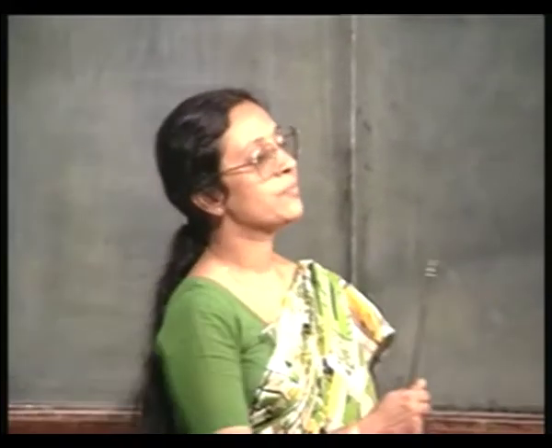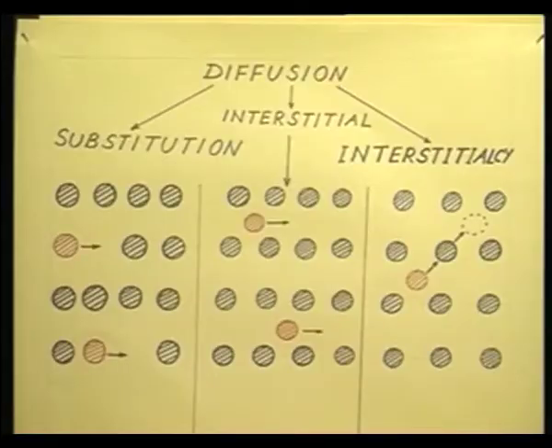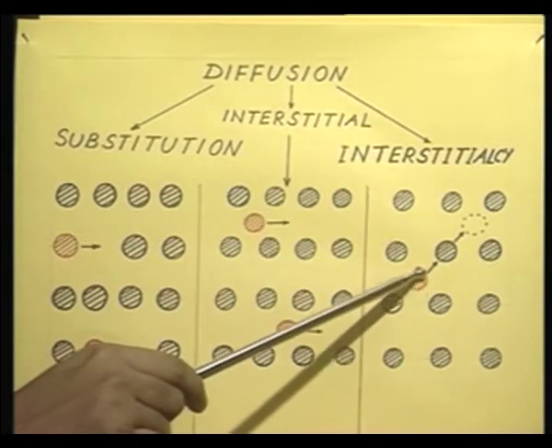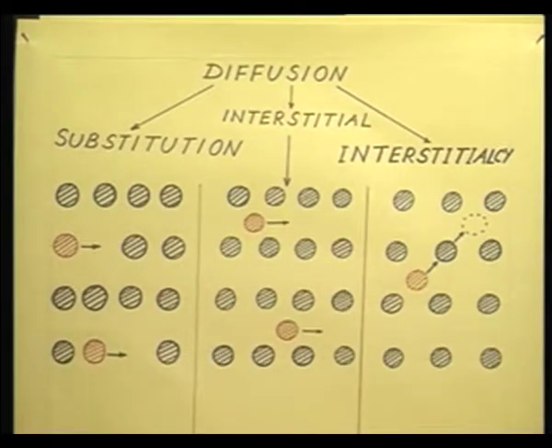And finally, we come to the mechanism called interstitialcy. This is very interesting. In interstitialcy, what happens? The dopant atom has started out as the red hatched circle. It is originally in an interstitial site. Now, what does it do?